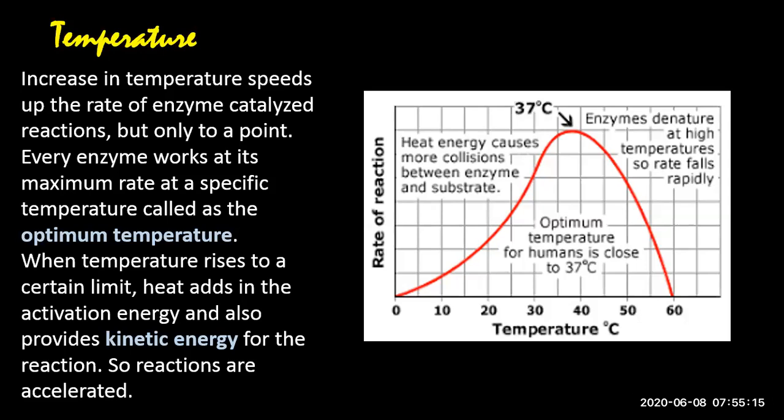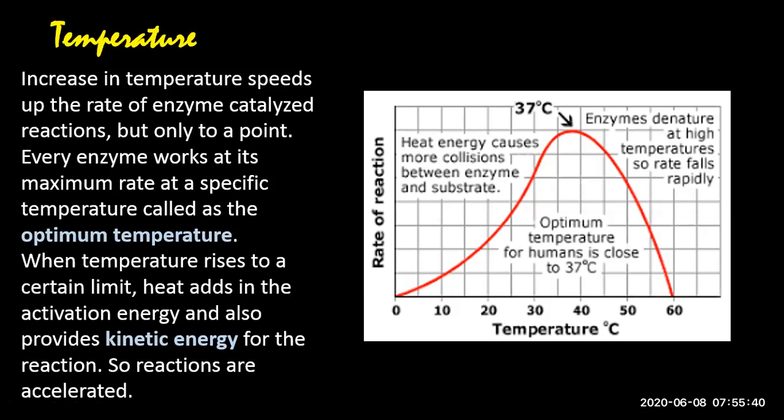This graph is plotted between temperature and rate of enzyme catalyzed reaction. On the x-axis, we plotted temperature: 10, 20, 30, 40, 50 and 60 degrees Celsius. On the y-axis, it is the rate of enzyme catalyzed reaction.